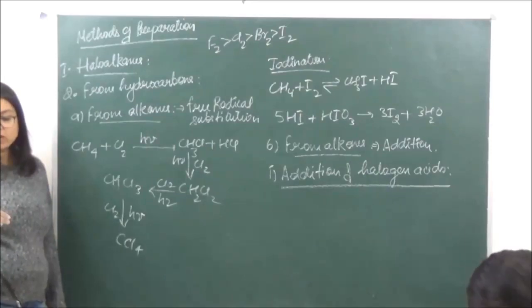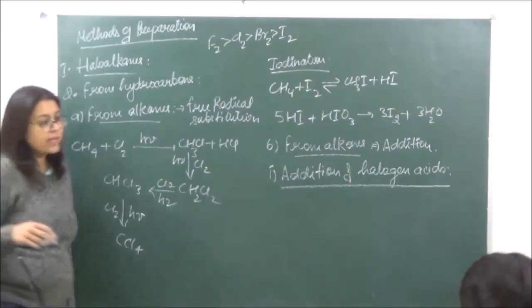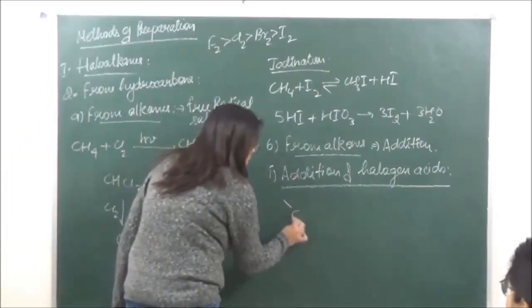So when we are adding halogen acids over here, then what is going to be the mechanism?